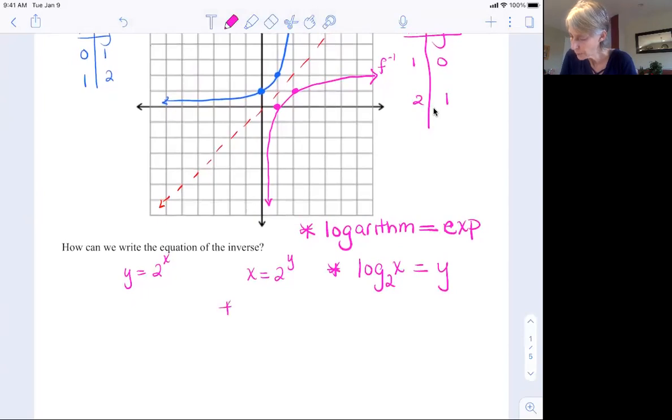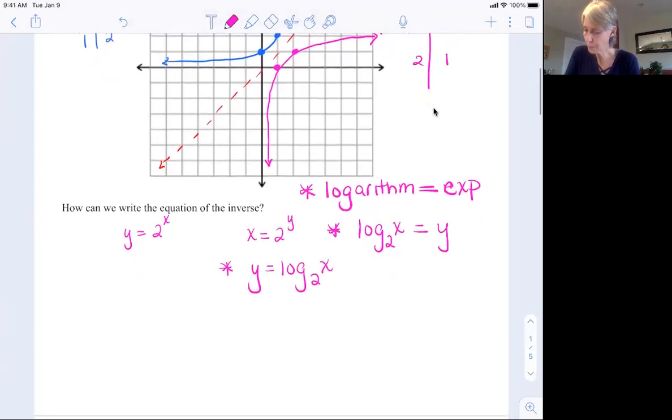However, x equals 2 to the y can be rewritten as y equals log base 2 of x. Okay. So what's important to mention here is that this side is an exponential function.